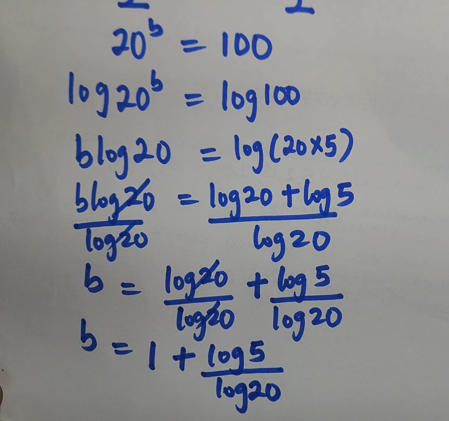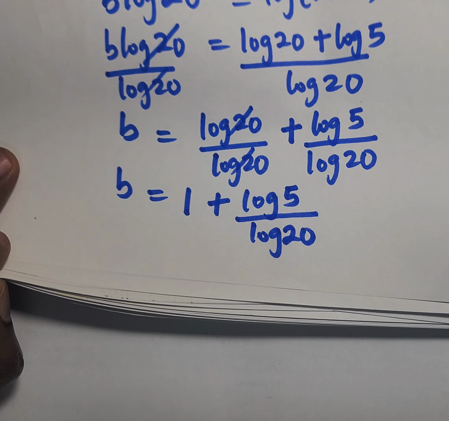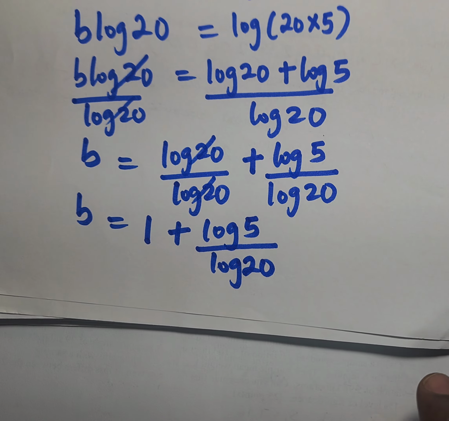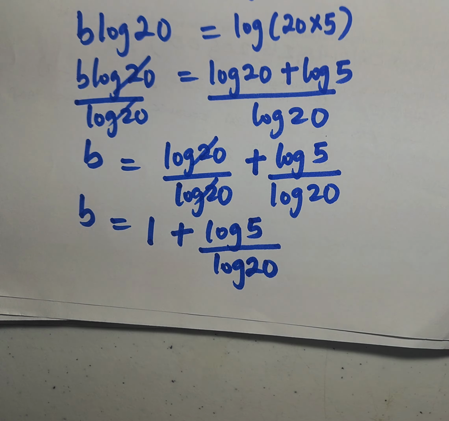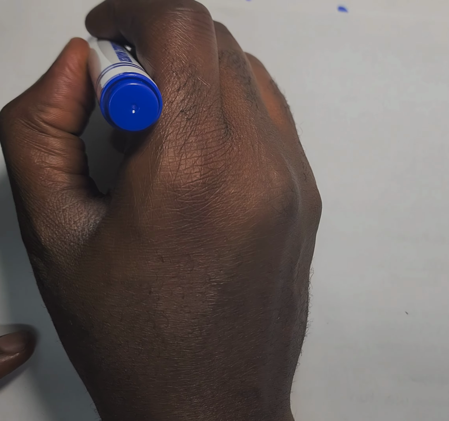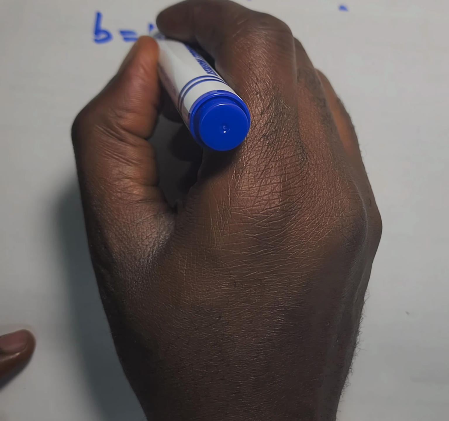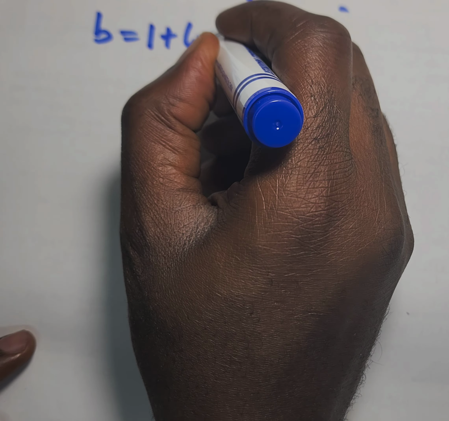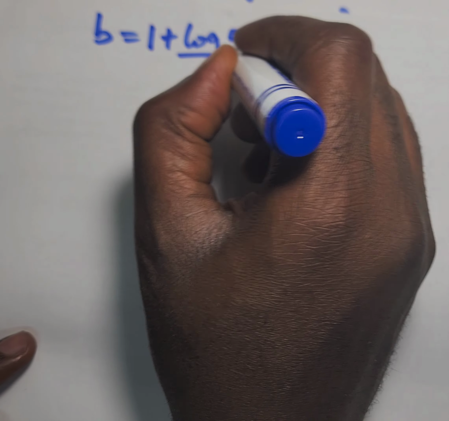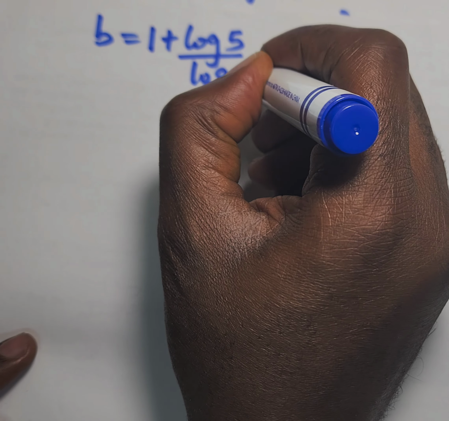From here, I can simplify this further. So I have my b equals 1 plus log 5 divided by log 20.